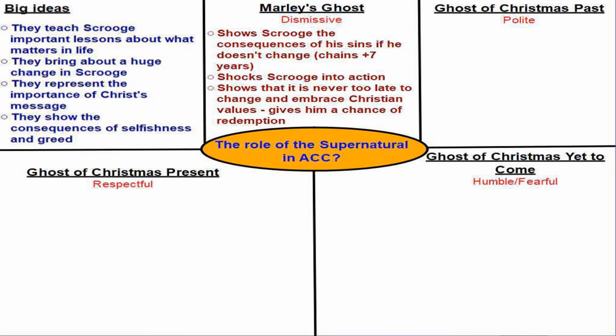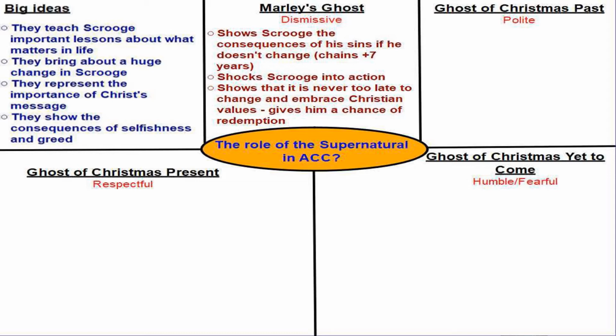Okay, now this might not be everything, but these are the things that I thought about when I carried out this activity. So the first thing that Marley does, because Marley is very, very similar to Scrooge in that he lived a similar life, he was his business partner, he can show firsthand to Scrooge the consequences of sin. So the first thing he does is to show the chains.